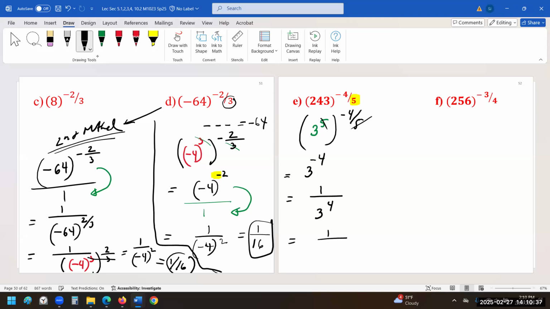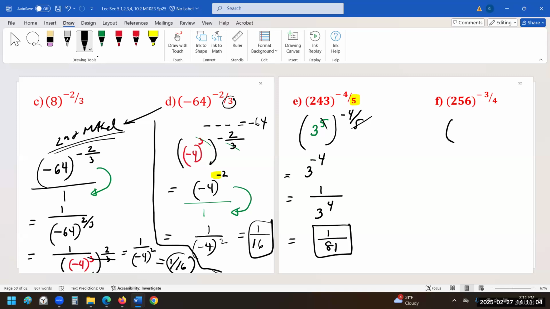And if you multiply 3 4 times, 81. So you see when you flip it, the base stays negative. It's only the exponent. We can never change the negative from the base. We can only change the negative from the power, the whole thing.